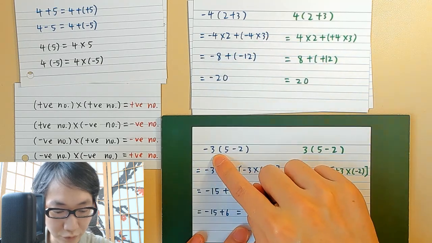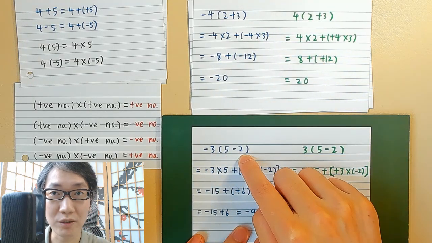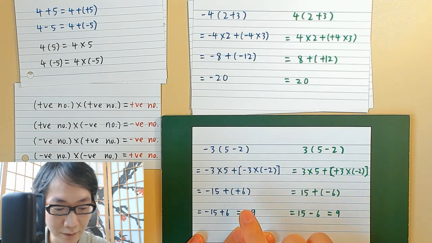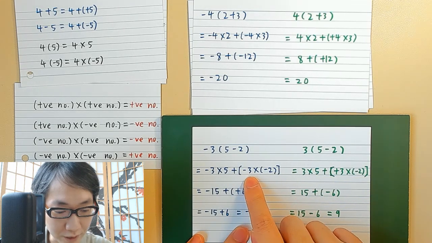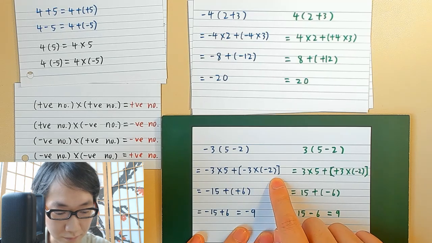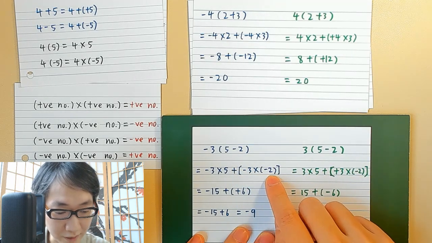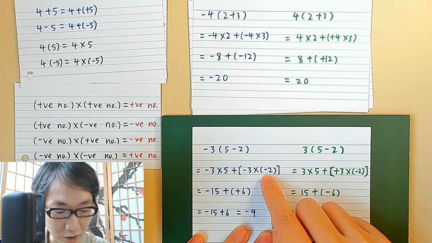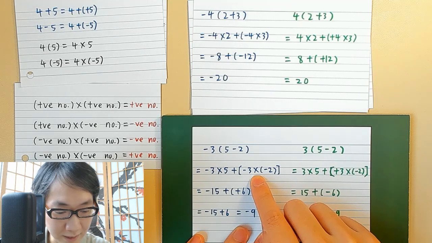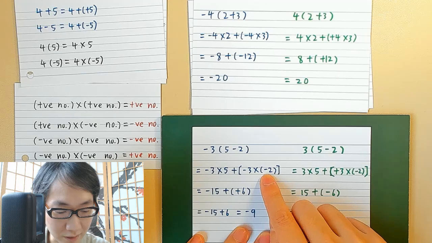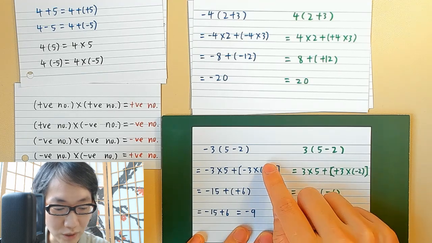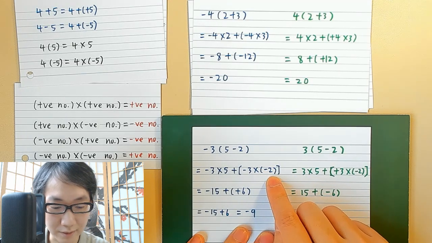Negative 3 and negative 2 are the two terms that are being multiplied. So negative 3 times negative 2. We need a mid bracket here because there's a smaller bracket here. The small bracket is here because there is a multiplying sign and the negative sign right next to each other, so let's separate them with the small bracket.